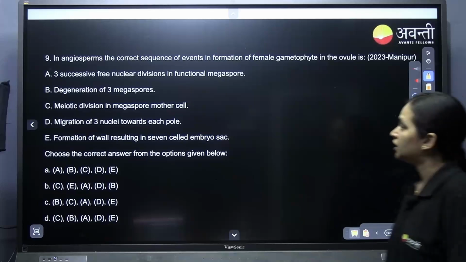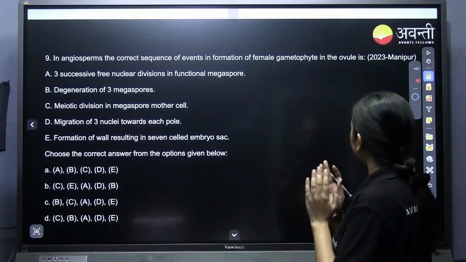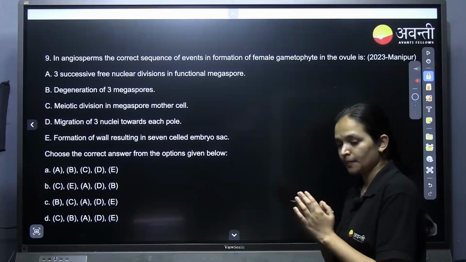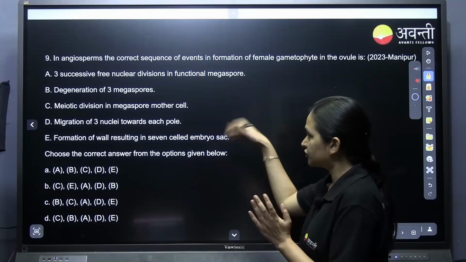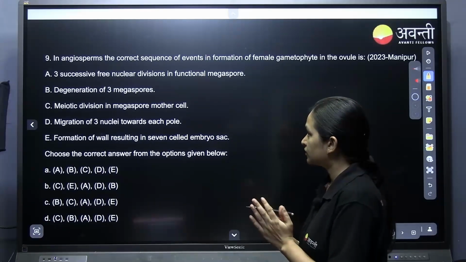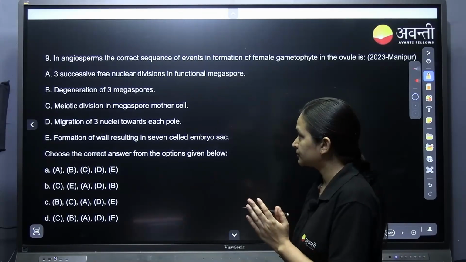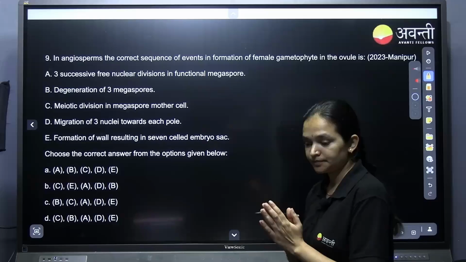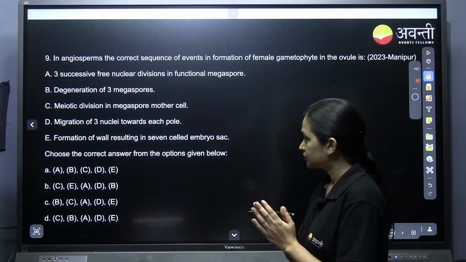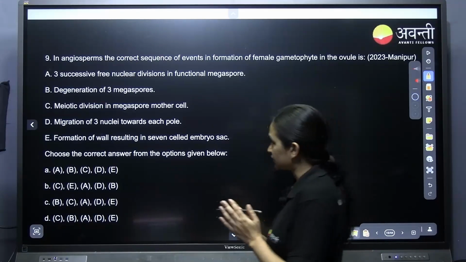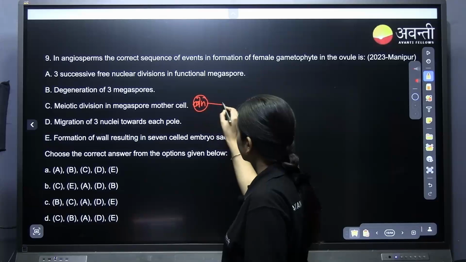In angiosperms, the correct sequence of events in formation of the female gametophyte in the ovule is? It's just jumbled. We need to give the correct sequence. Try this question. It's really a good question. Meiotic division first, in the megaspore mother cell, which is 2n and will become n.